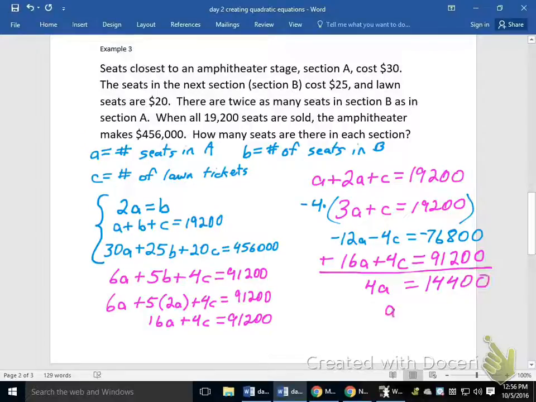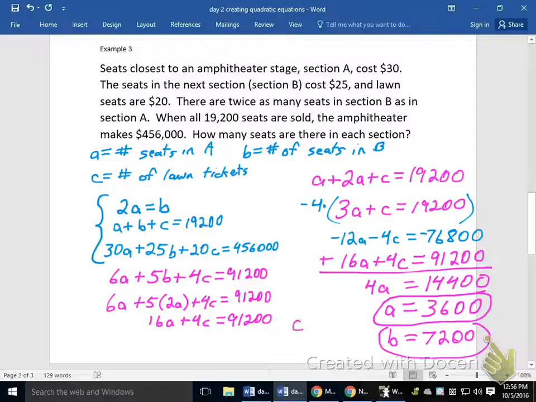When I divide both sides by 4, I get 3,600. So that's my seats in Section A. Section A has 3,600 seats. Now, as far as the other two sections, they're really, really easy because, remember, 2A equals B. So I can just double that, and I get that B is 7,200.